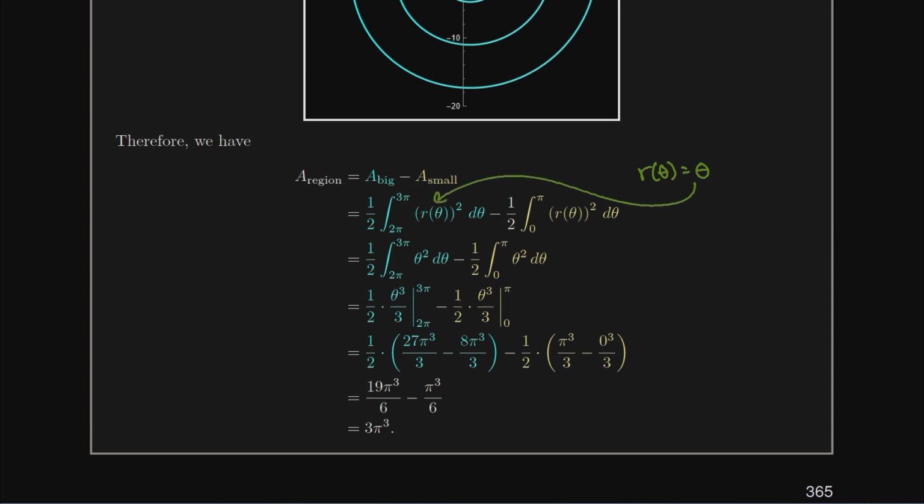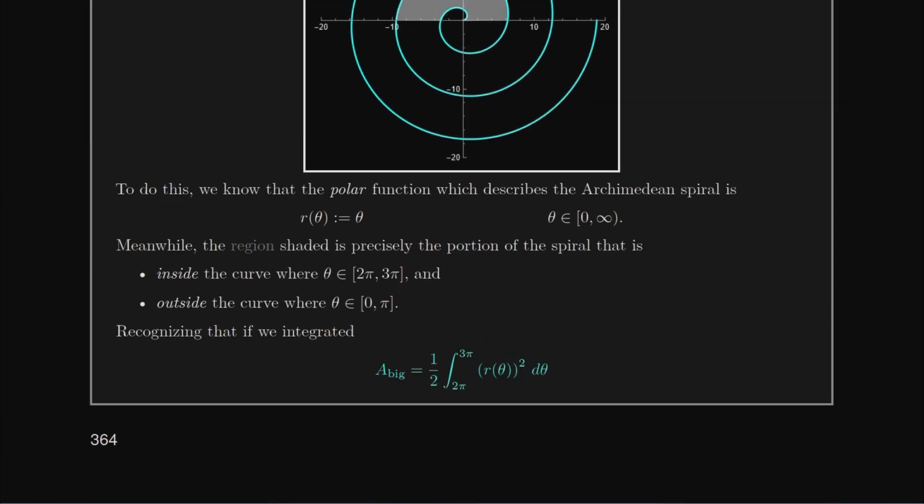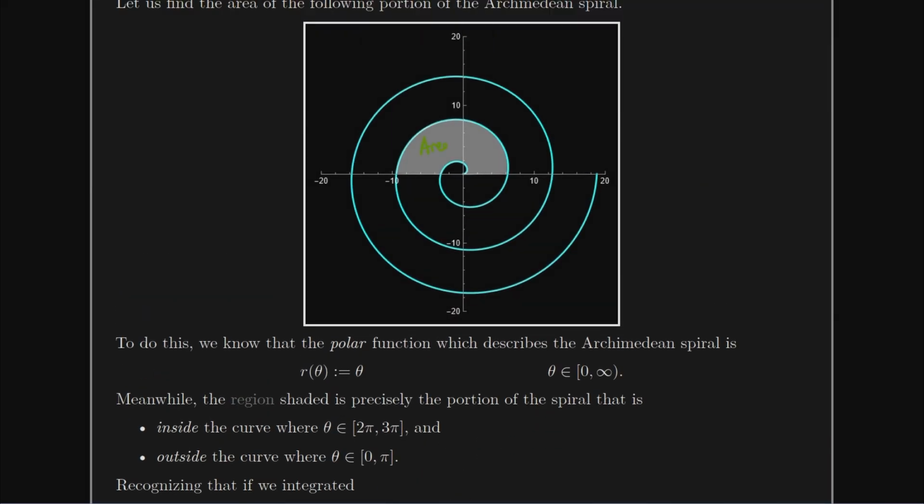And now by plugging in theta for r of theta in both cases, we calculate the outside area and we subtract the inside area just using the power rule. It's theta squared, which is going to go to theta cubed over 3 in both cases. We just evaluate everything out. We end up with 3 pi cubed. So it turns out that the area of this original region I cared about is 3 pi cubed.